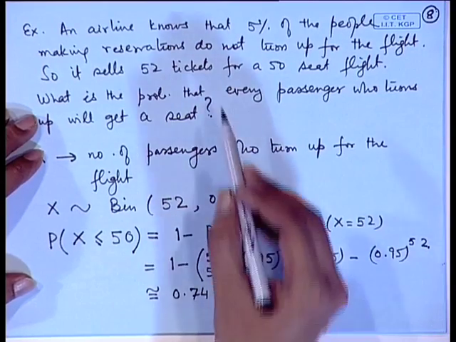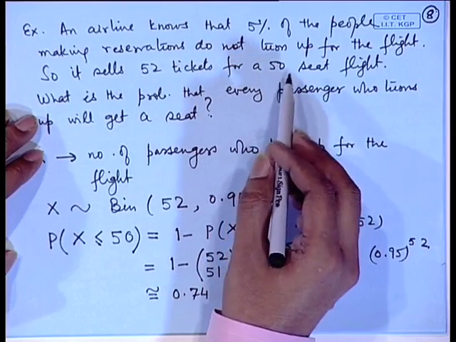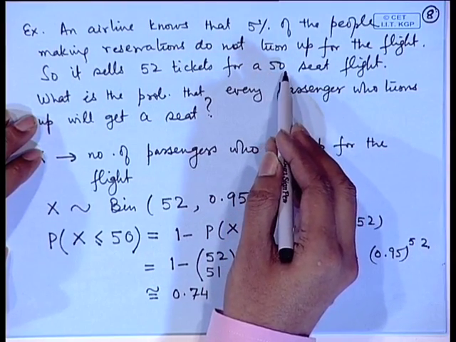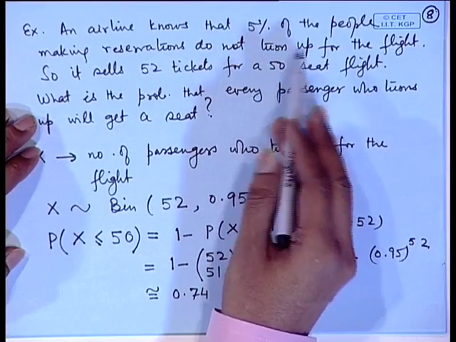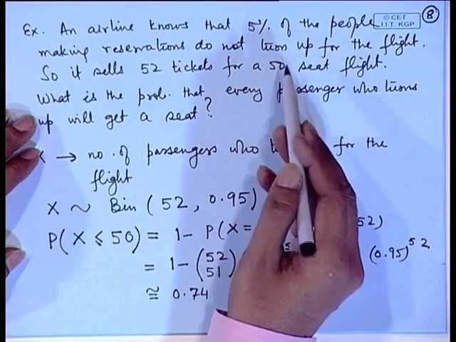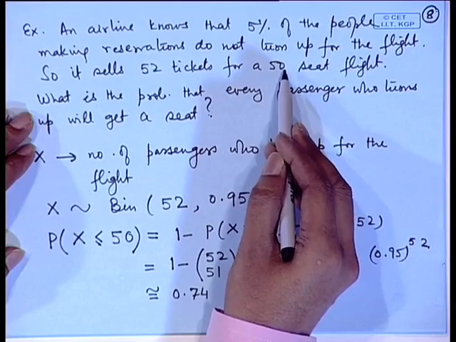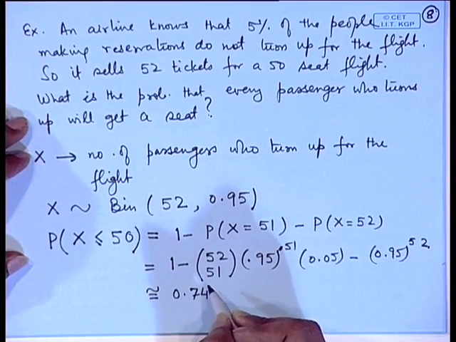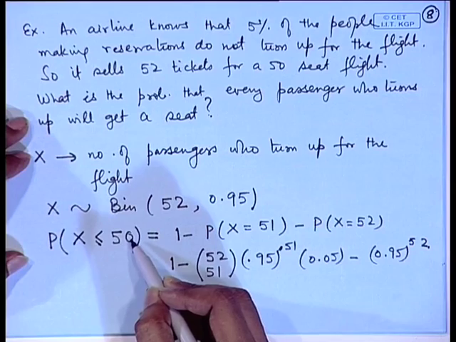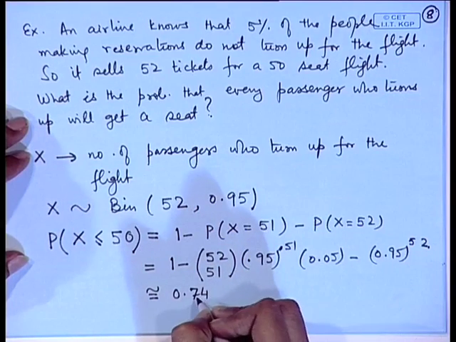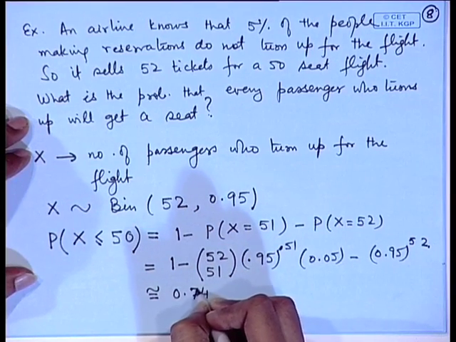Now, it may sound somewhat reasonable that if 5% of the people do not turn up for the flight, then the airline sells 52 tickets for a 50-seat flight, and it may consider that we are quite safe, that there will be hardly any complaints. But you see, the probability that less than or equal to 50 passengers turn up for the flight is 0.74.